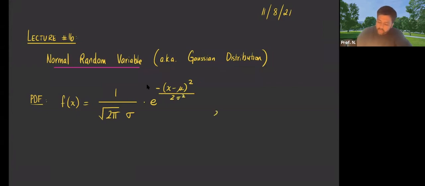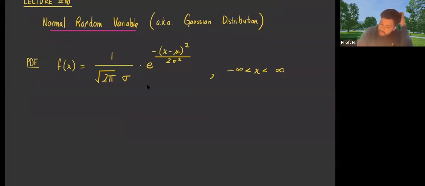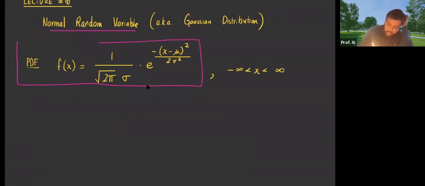And of course, this is for x values between negative infinity and positive infinity. Okay, so this is our PDF for the normal random variable.